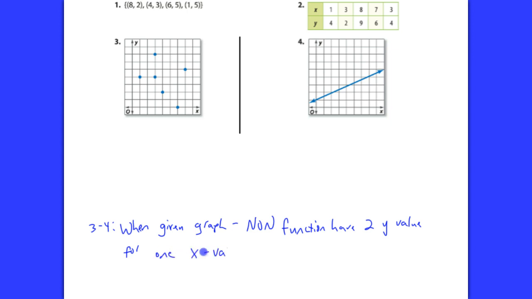So that's what you're looking for. It's kind of re-describing what we did at the end of the last video there, determining if something is a function. In other words, the easiest way to do it is called the vertical line test.